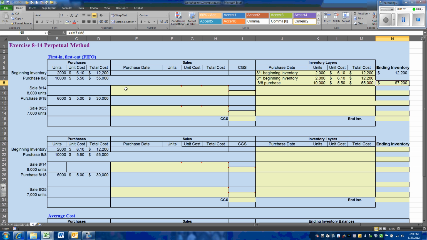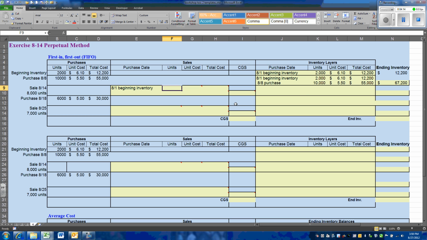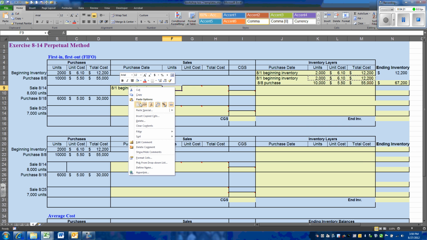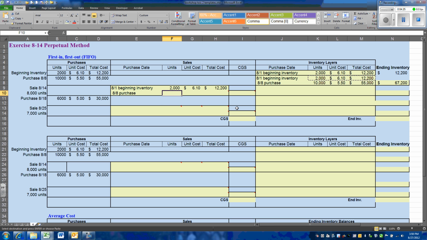We're leading off with the FIFO method. So when we have our first sale on August 14th, we're going to go to the earliest layer of inventory prior to that sale. We sold 8,000 units. So our beginning inventory will be fully used up, meaning we're going to have to go into our August 8th purchase and make up the difference between our sales of 8,000 and our beginning inventory.